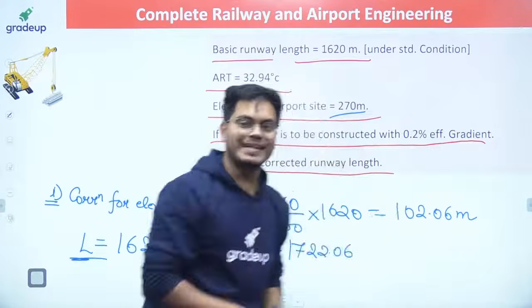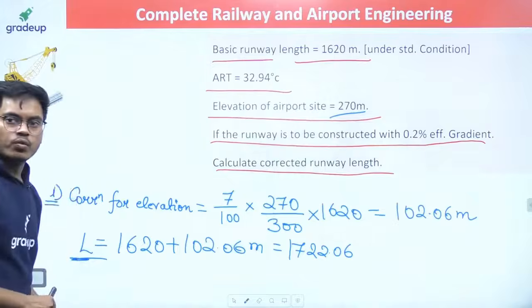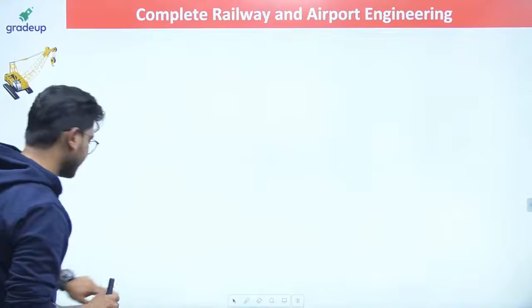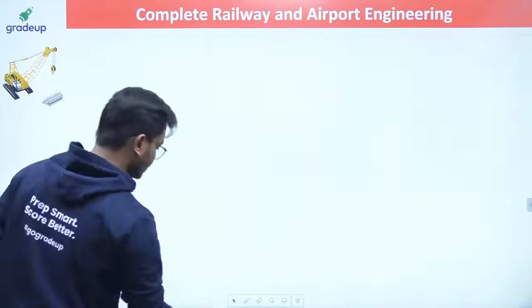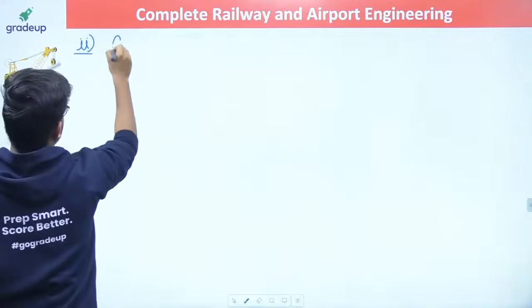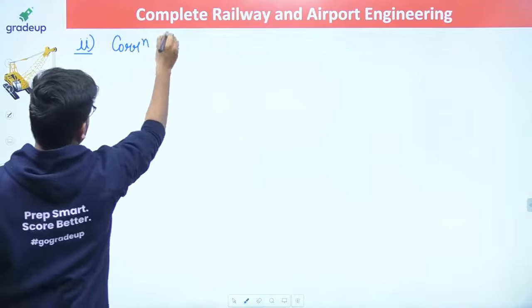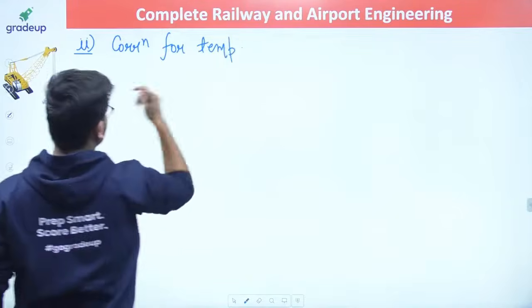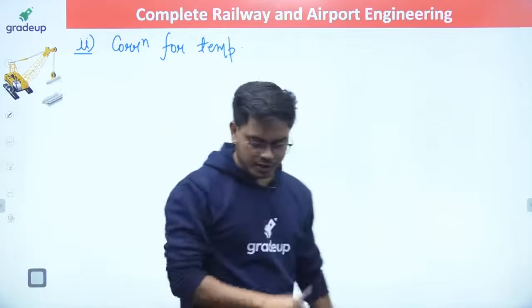Now we will apply the next correction, and that correction is the temperature correction. First, let's get the value of the standard atmospheric temperature.